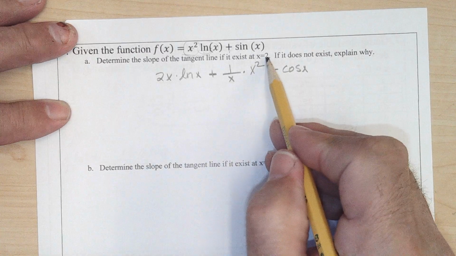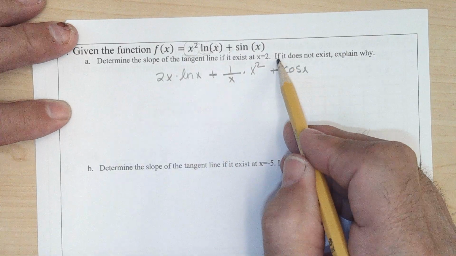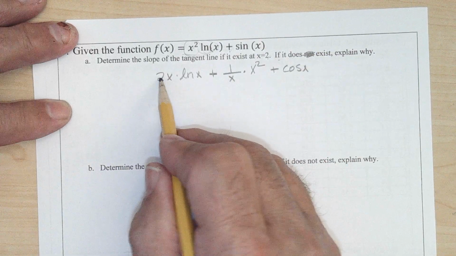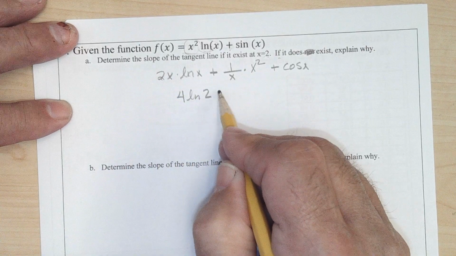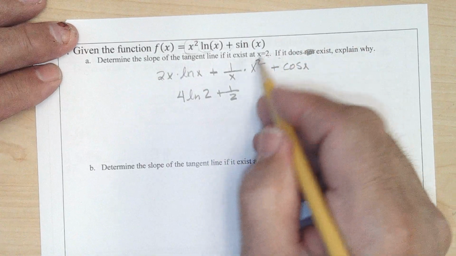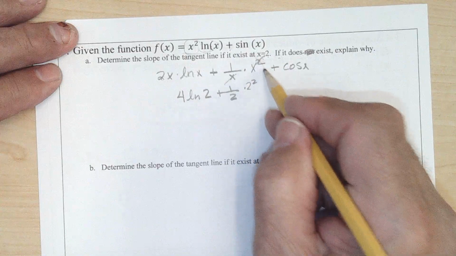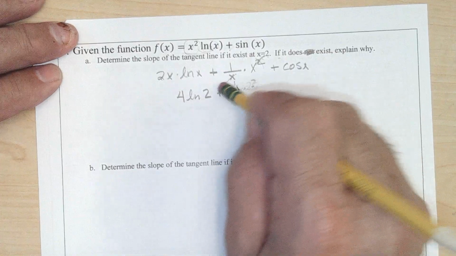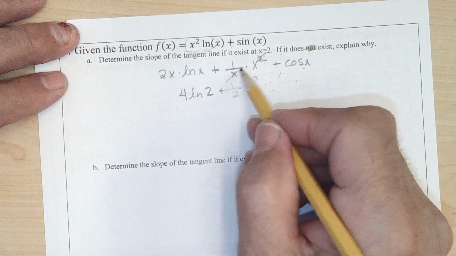And I'm supposed to find it at 2, and I can do ln of 2 because it's a positive number. So it does exist. And so we get, we're putting in 2, so we get 4 ln 2 plus 1/2 times 2 squared, which one of these x's will cancel, and so it's just 1 over x over 1, which is x.